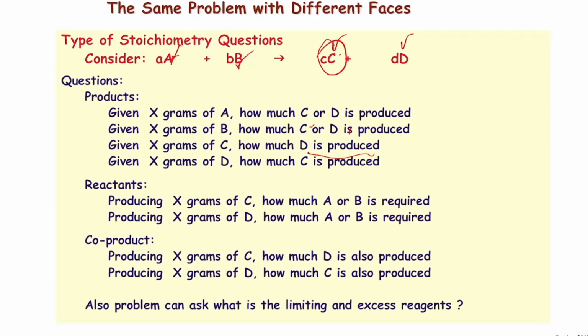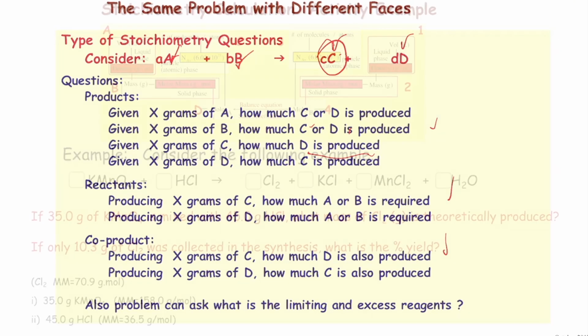Figure out what you have, what the question provides, figure out what you're calculating, and figure out the path to get there, and then set it up using dimensional analysis. That's the key. All of these different types of questions have the same structural calculation.